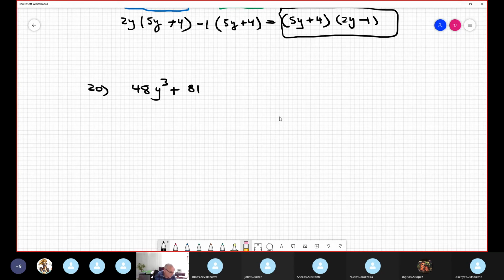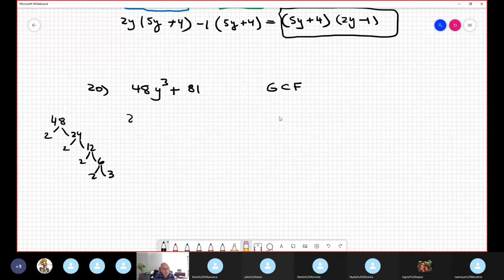Okay, I copy 48y cubed plus 81. What should I do? I'm confused in this problem. Do we have a GCF or no? When you have no idea, in one corner of the paper you break down 48 with prime factorization: 24, 12, 6, 2, and 3.